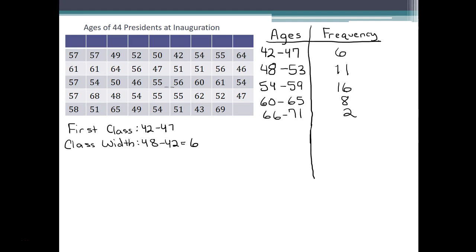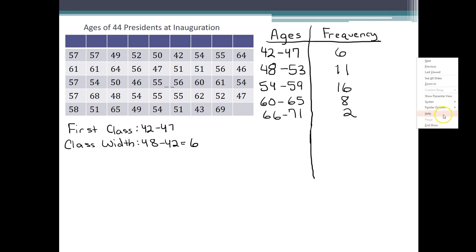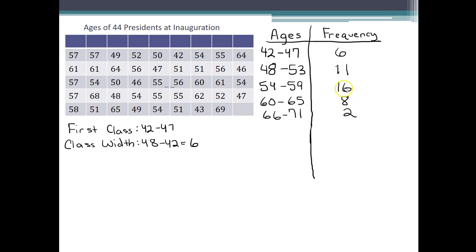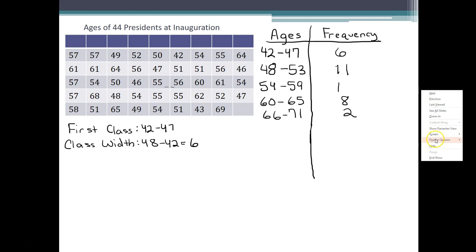All right, 54 to 59. 1, 2, 3, 4, 5, 6, 7, 8, 9, 10, 11, 12, 13, 14, 15, 16, 17. That's what it was. 54 to 59 actually has 17. So I can erase that 6 and put a 7 in there instead.